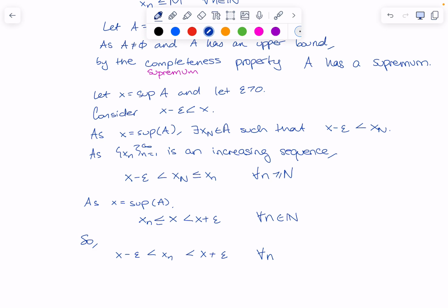In the naturals? Or do we have a restriction? We didn't have a restriction on this side, but did we have a restriction on the other side? So we have to have n greater or equal to that N. Do we have questions on that one? No? We're good?